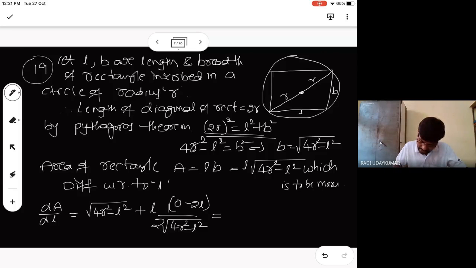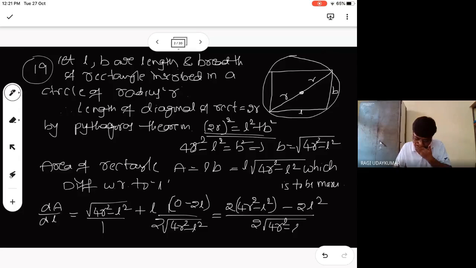Taking the LCM, you are going to get 2 into 4R square minus L square minus 2L square, divided by 2 into under root of 4R square minus L square. Isn't it?